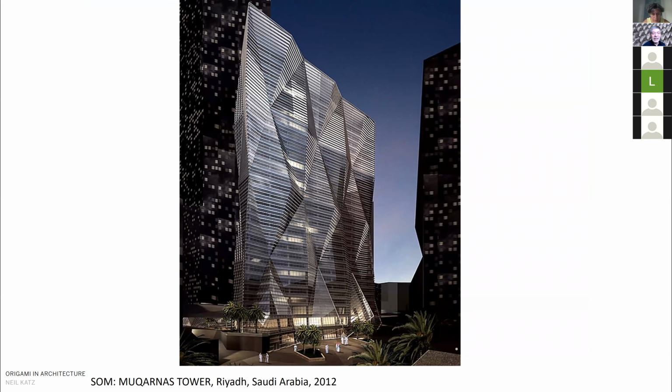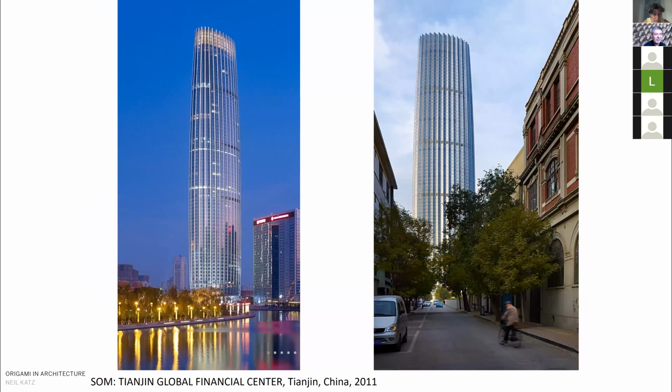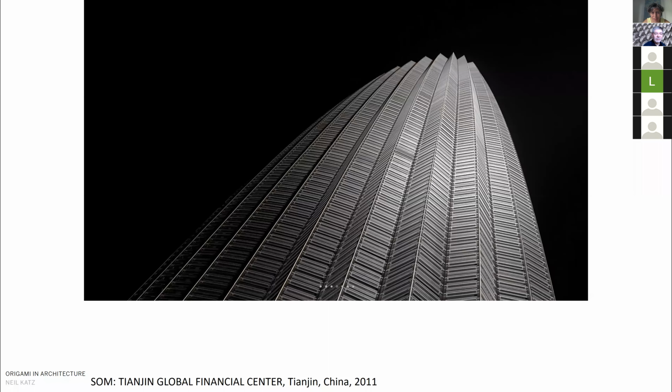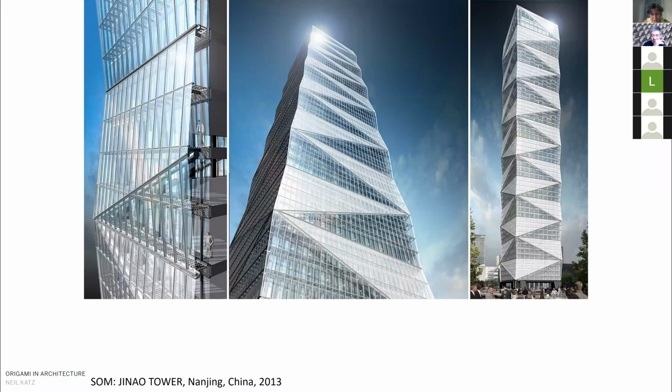Other origami influenced forms of SOM towers. I'll just go through these quickly. This one is a corrugated elliptical building. Here you can see the folding triangles. Now this building is interesting, and we've done many buildings like this.